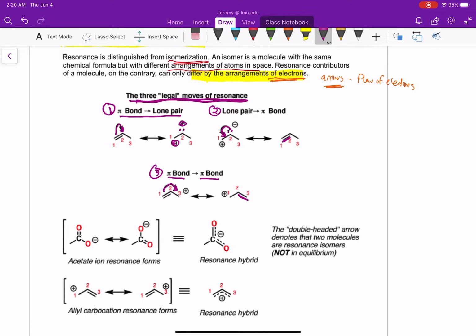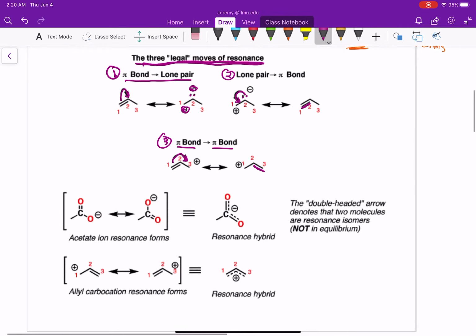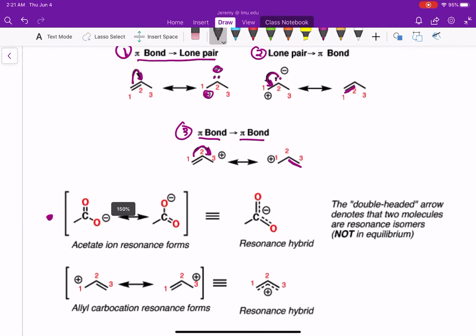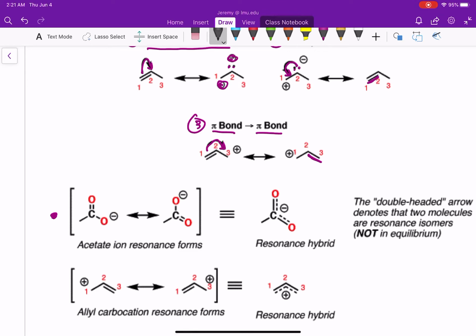Let's look at a couple of examples. We'll start with the acetate ion. What I'm going to do here is draw in our lone pairs because that's going to be important. If we look at this top oxygen, it has 2 bonds and 2 lone pairs. The oxygen on the right has 1 bond and 3 lone pairs, and that oxygen on the right has a negative charge.